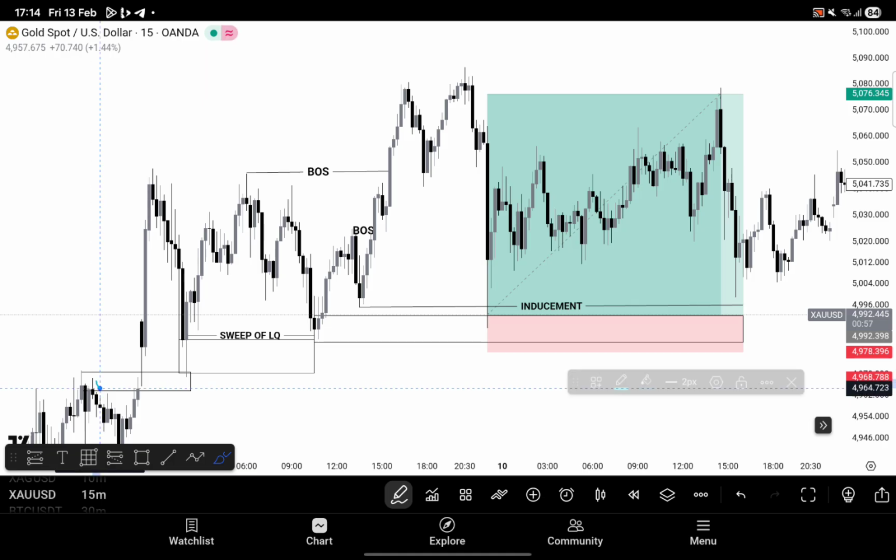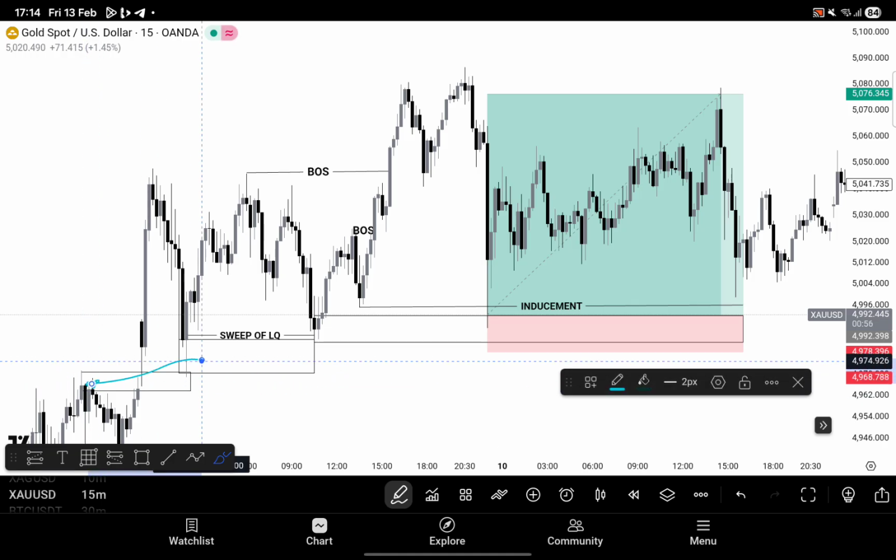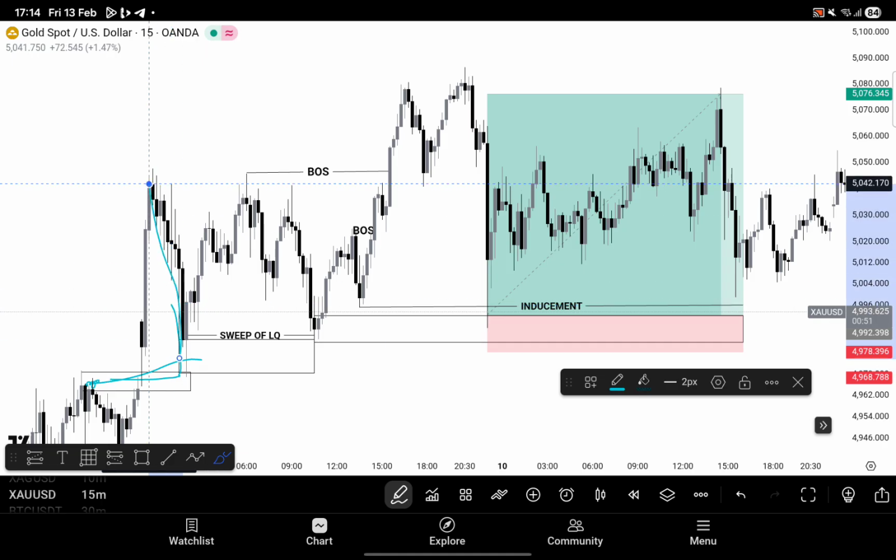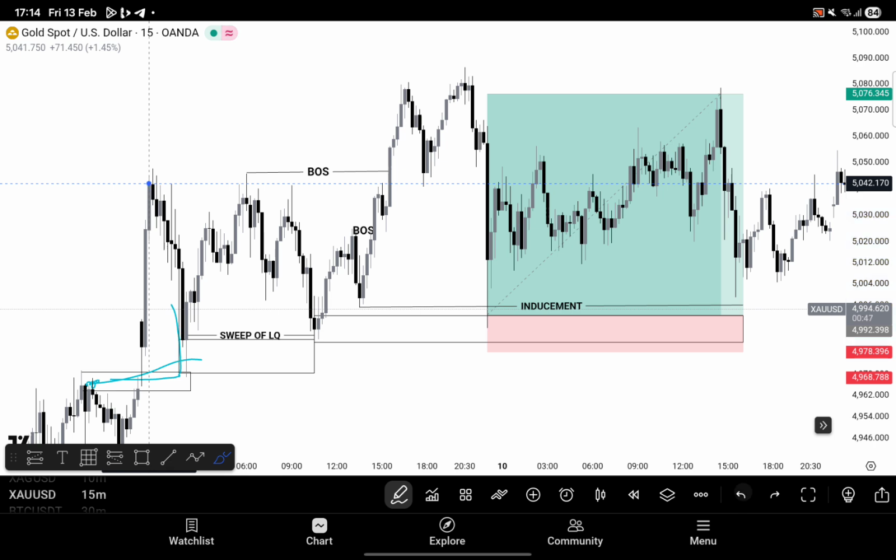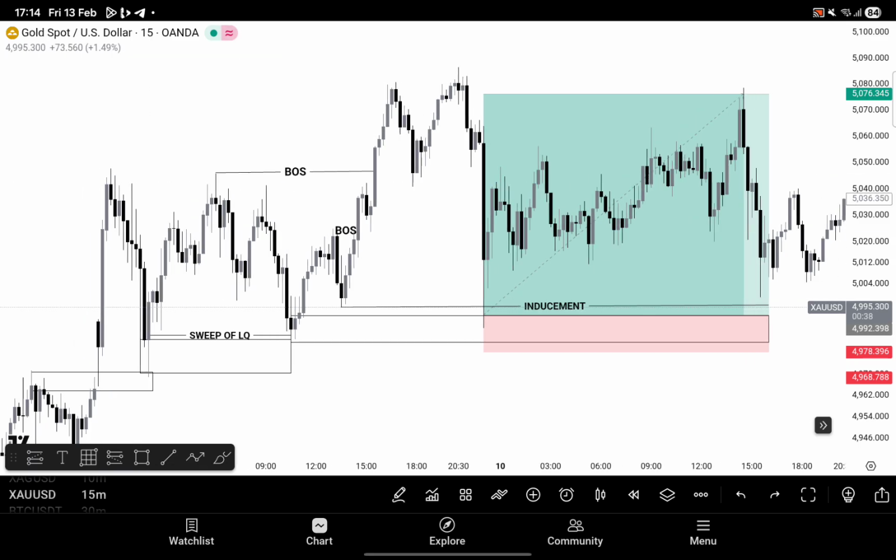Price mitigated this point of interest, and it started going, and price also took some stops over there. After giving me what I call my entry model, I was interested in this point of interest. I took this order block. I believe you guys understand what an order block is.